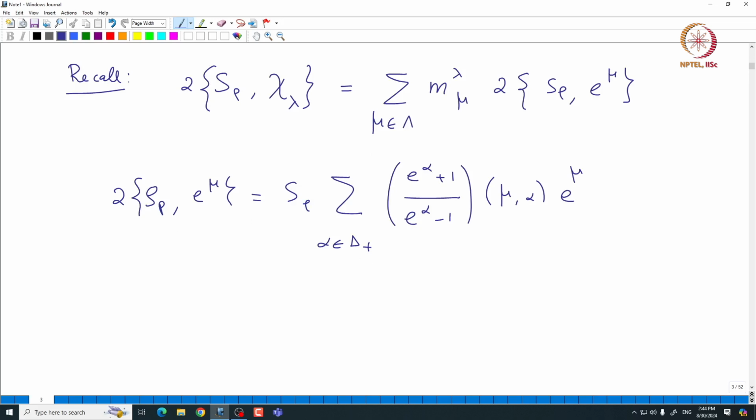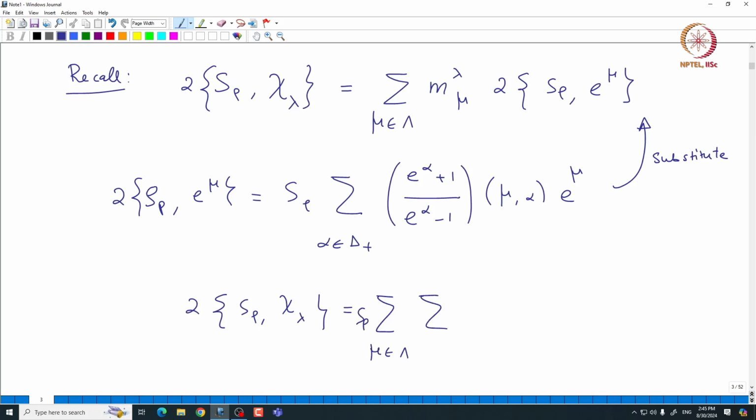Now if you substitute this back into this equation, we get the following formula. Twice S rho comma chi lambda is nothing but S rho times the summation over mu in lambda, summation over alpha in delta plus, times the multiplicity m lambda mu, times mu comma alpha, times e power mu, times e power alpha plus 1 divided by e power alpha minus 1.